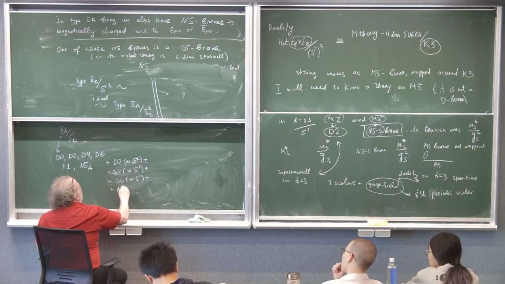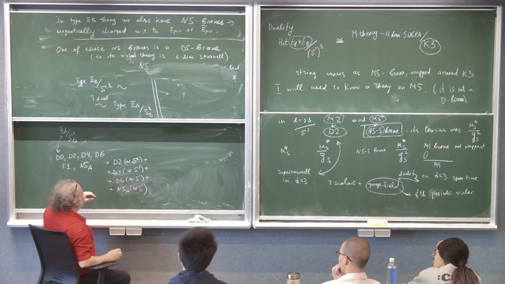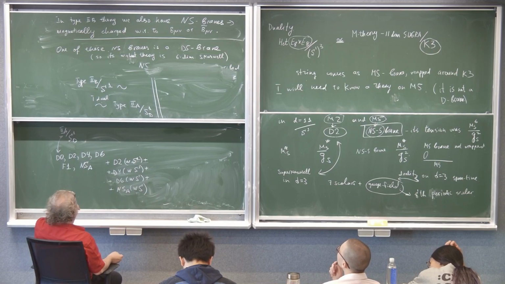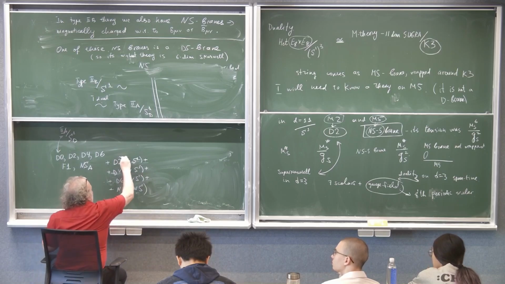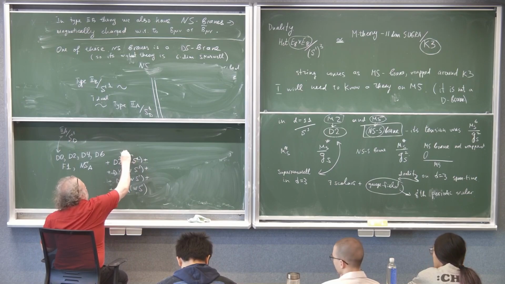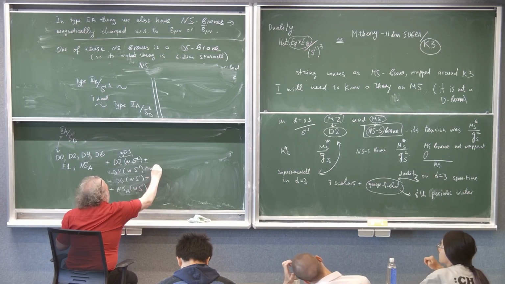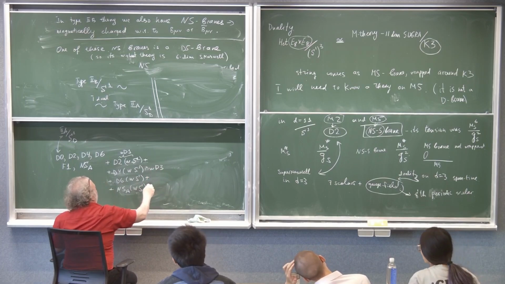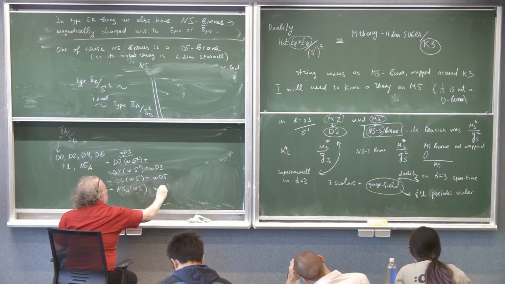Plus NSA, that is wrapped on S1. So let me call it WD1 wrapped, WD3, WD5, and WNS.